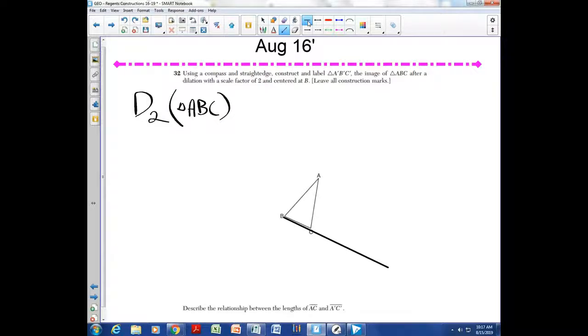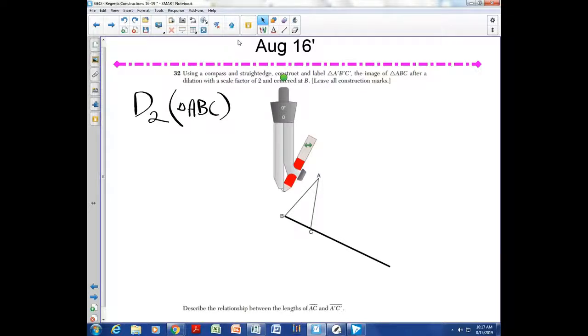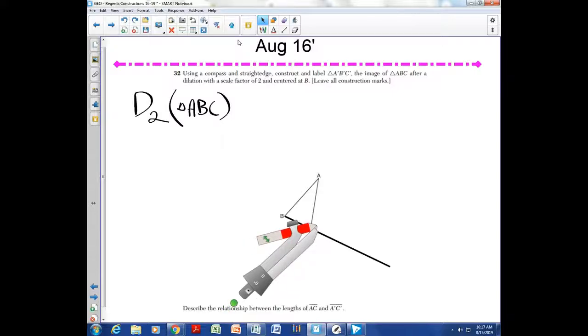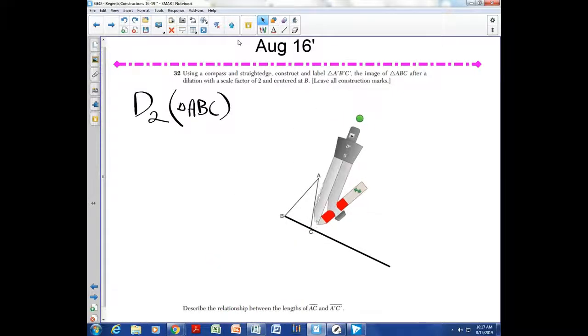I'll do one at a time here. I'm just going to fix that because this marker is a little off. And a scale factor of 2 is really quite simple because all you really need to do is to measure the distance of BC with your compass.